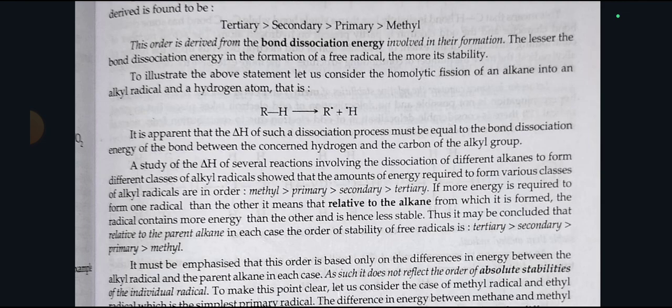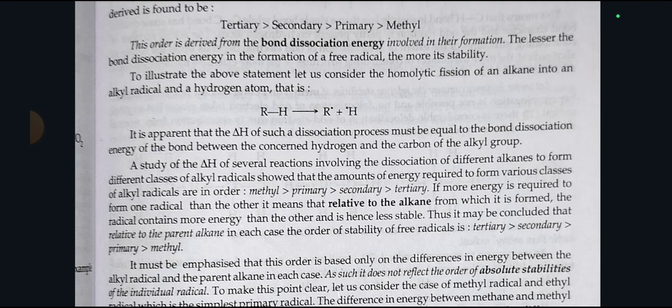It is apparent that the delta H of such a dissociation process must be equal to the bond dissociation energy of the bond between the concerned hydrogen and the carbon of the alkyl group. A study of delta H of several reactions involving the dissociation of different alkanes to form different classes of alkyl radicals showed that the amount of energy required to form various classes of alkyl radicals is in the order: methyl, then primary, then secondary, then tertiary.